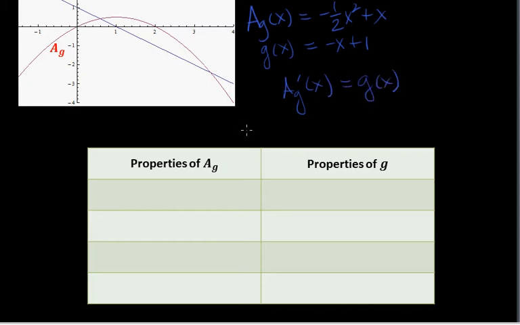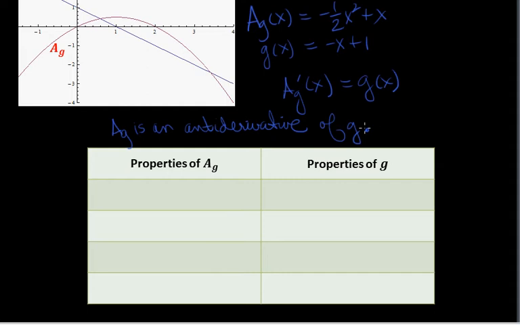Or we could say that a sub g is an antiderivative of little g. We just discovered this and observed this. We haven't proved that this always is the case, but we see at least with these two that it is.